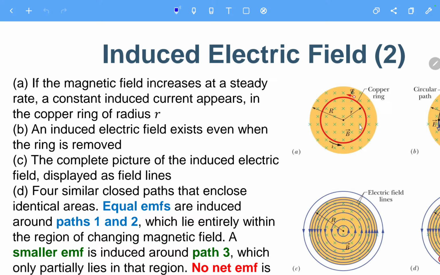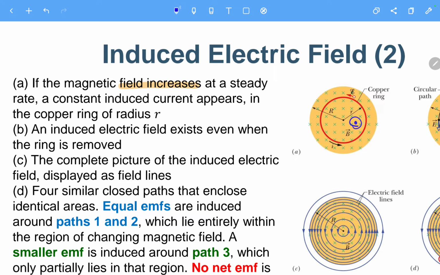We can define the direction of the current using Lenz's law. As I mentioned, the B field is pointing into the page, and here we assume the field is increasing. So the B induced should be pointing out of the page.